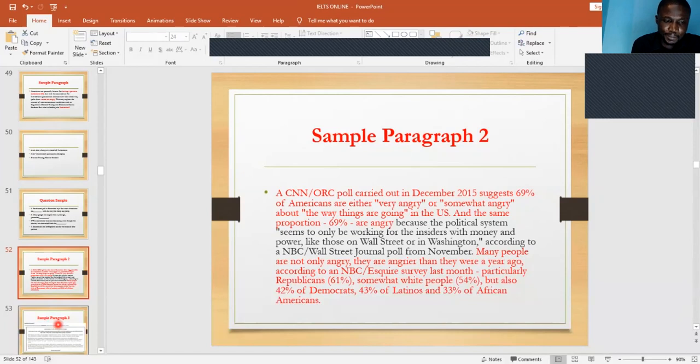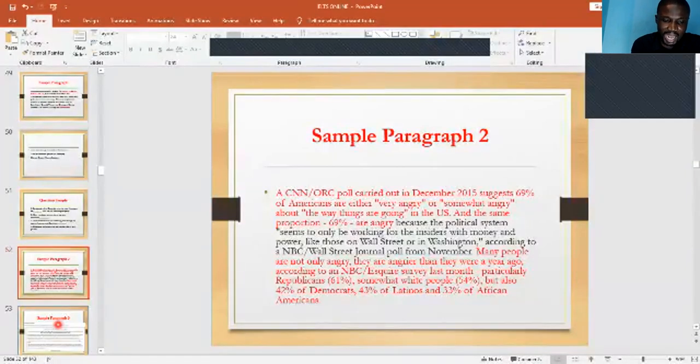And the same proportion, 69%, are angry because the political system seems to only be working for the insider with money and power, like those on Wall Street or in Washington, according to an NBC Wall Street Journal poll from November.